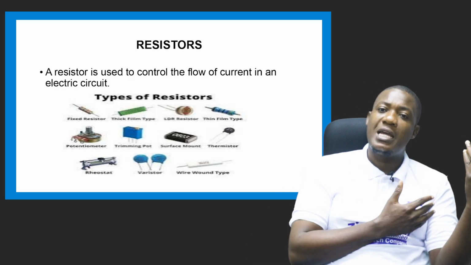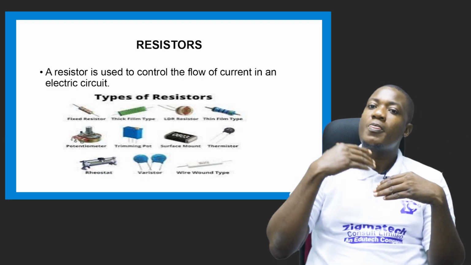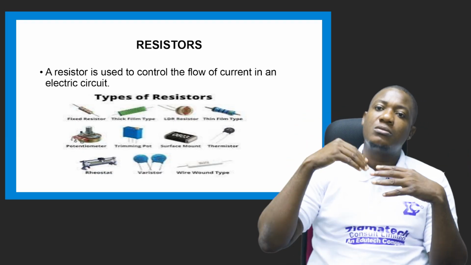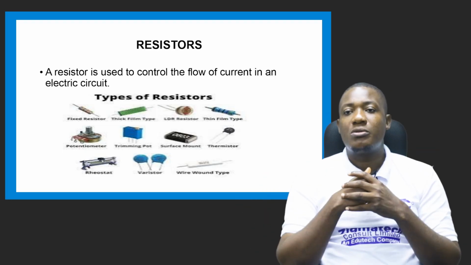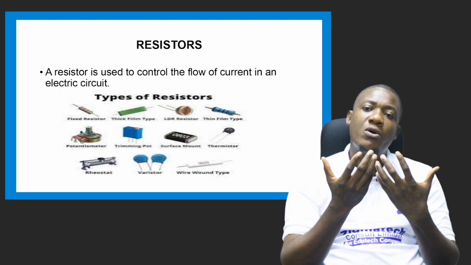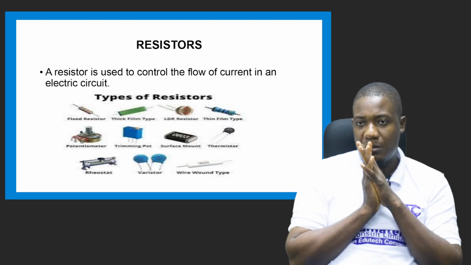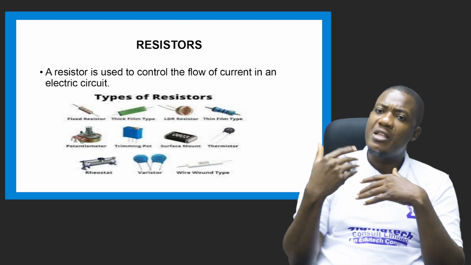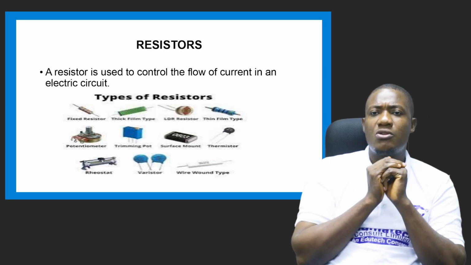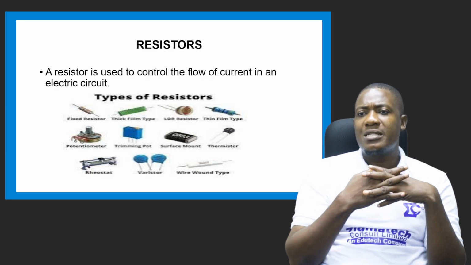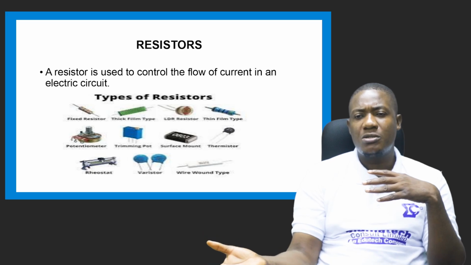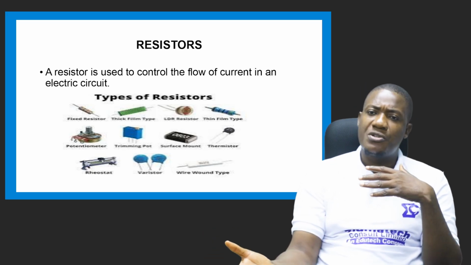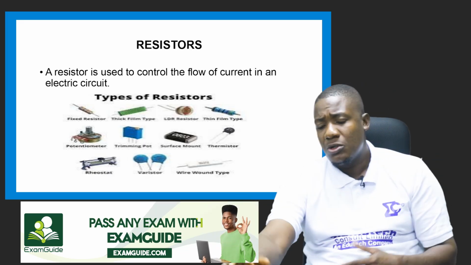So these resistors that control the flow of electric current in the circuit offer what we call resistance to current flow in the circuit. We can say that resistance simply means the opposition to the flow of electric current in the circuit. We have different types of resistors, like we've shown you on the screen here.